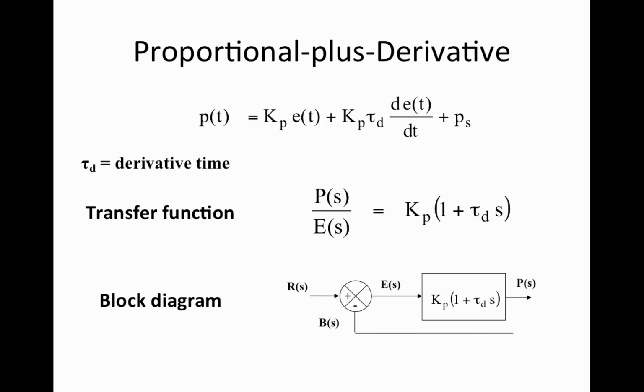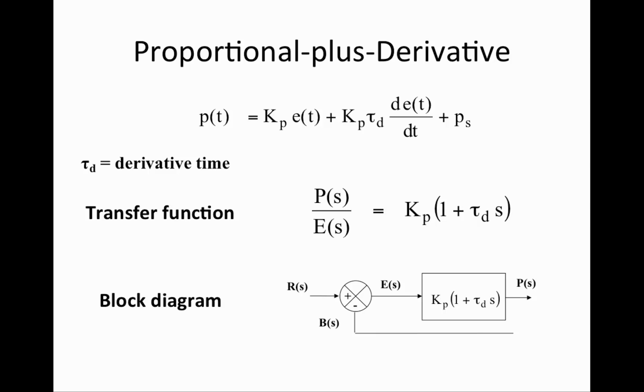Next, let's talk about proportional plus derivative control. From the name, we know that it's proportional and the derivative instead of integral. That's why here in the time domain relation, we see P(t) equals K_P times E(t) plus K_P times tau_D times dE(t)/dt plus P_S.